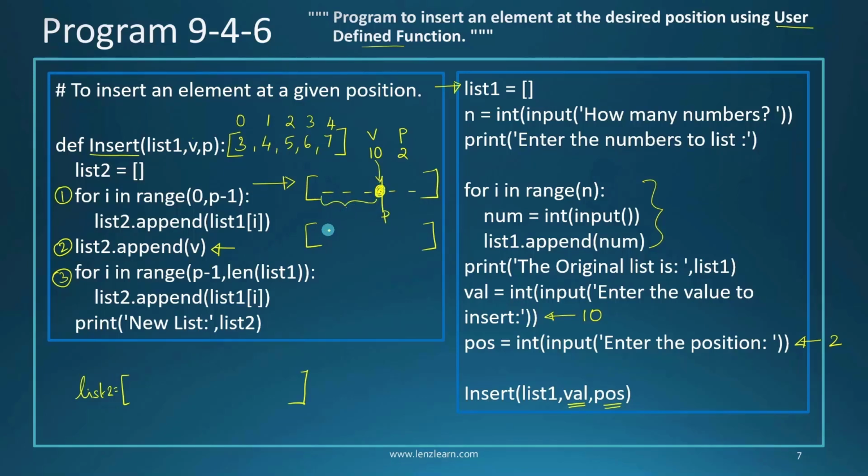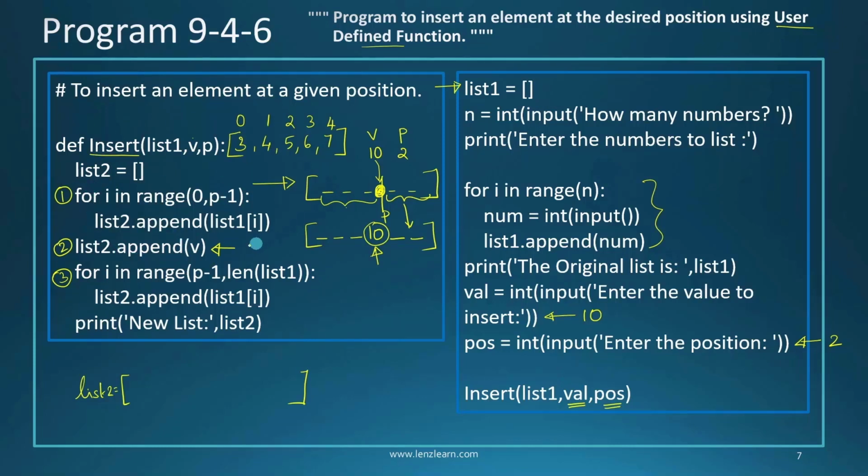So these 3 values will be copied by the first for loop. After that, I am inserting the value into list 2. So the value 10 will be loaded into list 2. And the final for loop's job is to copy all the pending items into list 2. So now you can see in our output we have all the elements in list 1 plus value 10 inserted at the correct position. That is the logical breakdown of what is happening inside this insert function.